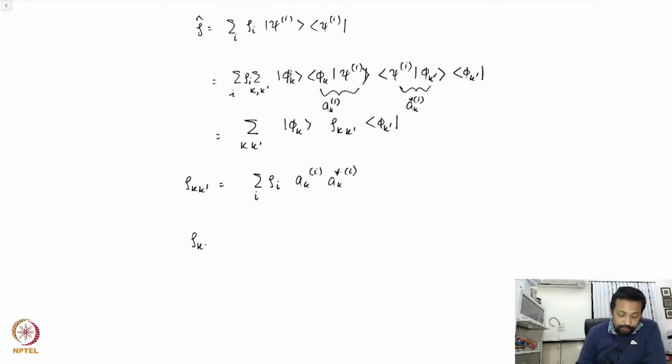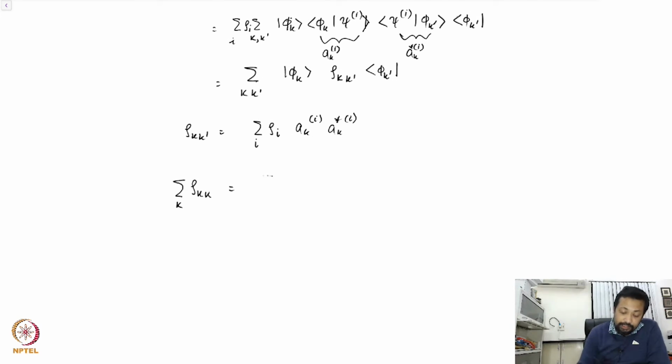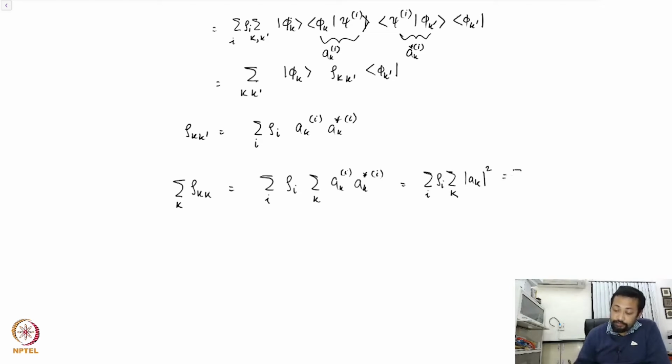If you now take the trace of this quantity, rho k k, the sum over the diagonal elements, then you will see that this is the sum over i of rho i, sum over k of a k i, a k star i, which is the sum over i of rho i, sum over k of mod a k i square, with rho i sitting over here, which is the sum over i of rho i, and this is equal to unity, right?